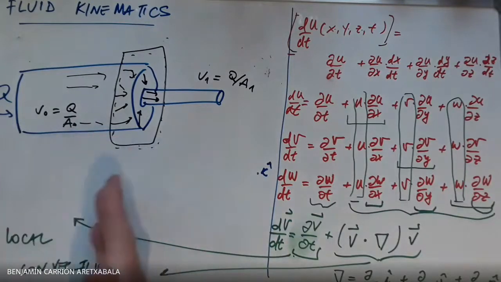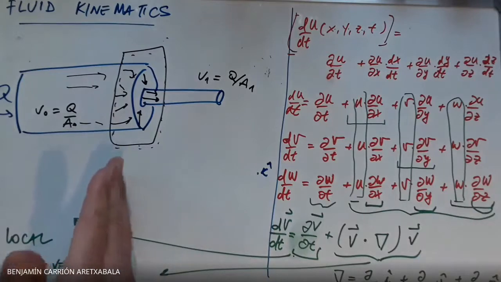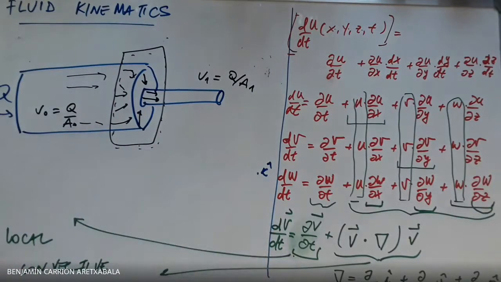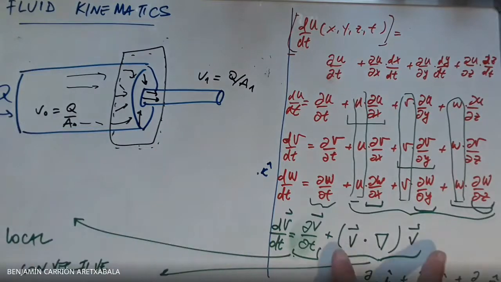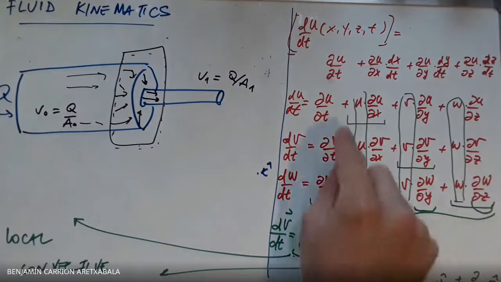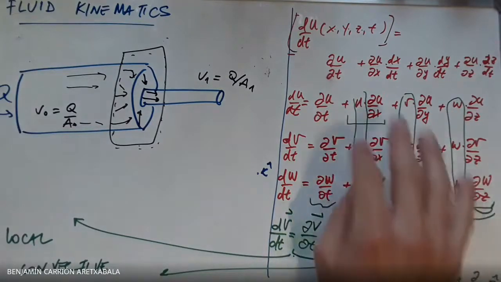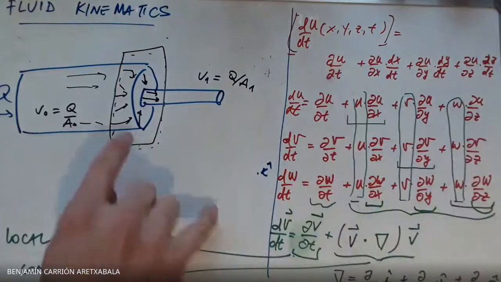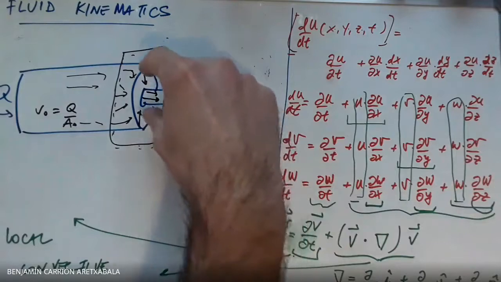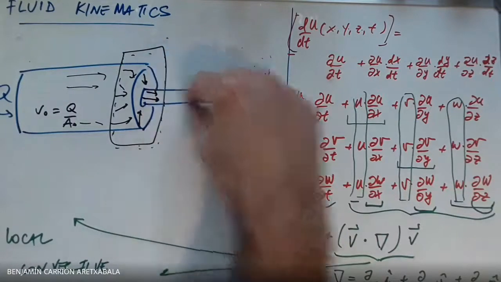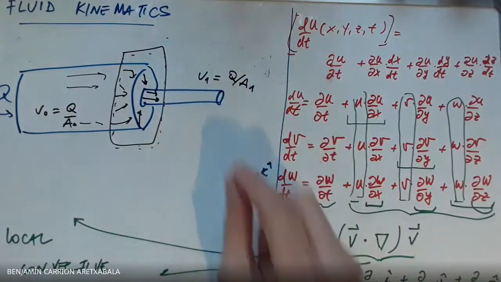you're going to have a local acceleration, and that local acceleration is not due to change of the velocity over time, but due to change of the velocity over space. So here you have a local acceleration due to these convective terms, which can be expressed as a vector with this expression, but you can see it for each velocity. What's happening here is that the horizontal velocity is changing into vertical velocity that didn't exist before, and then the horizontal velocity is increasing, right?